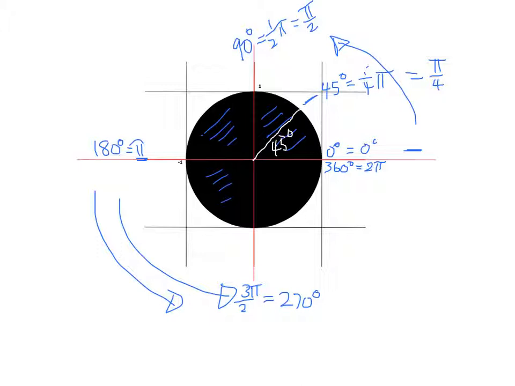So the next 45 degrees brings us around to pi over 2, 90 degrees. If we had equivalent fractions, I'm just getting a different colour here, a quarter of pi, so we've got 1 quarter there, then a second quarter here, so that would mean pi over 2 is equal to 2 lots of pi over 4.